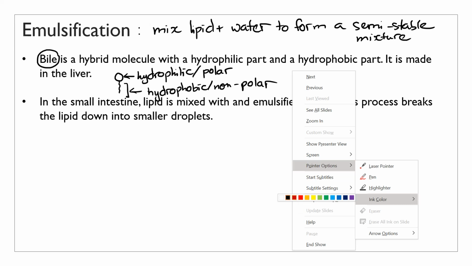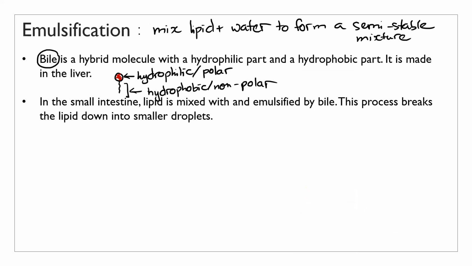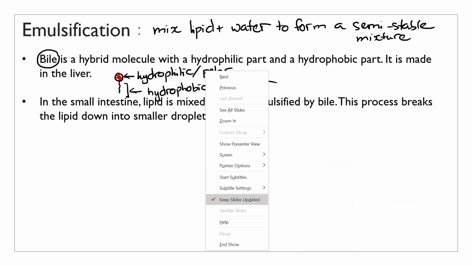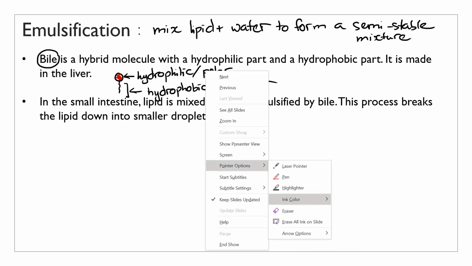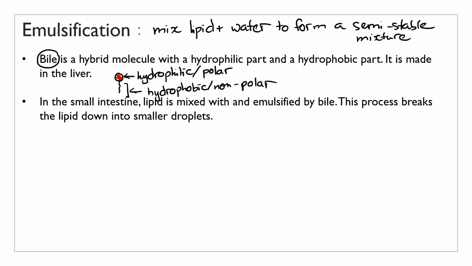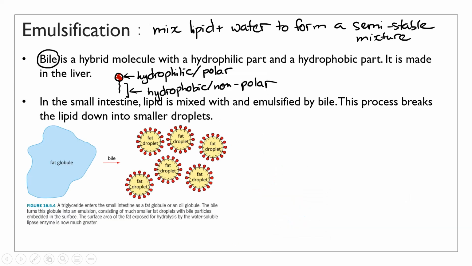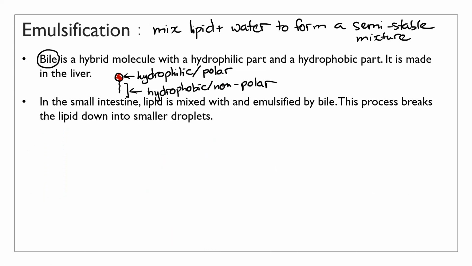If you have this blob of lipid, the hydrophobic or non-polar part of the bile is going to surround it. So the hydrophobic part comes together and surrounds the oil, whereas the hydrophilic or polar part is going to be on the outside. So this is how it works.